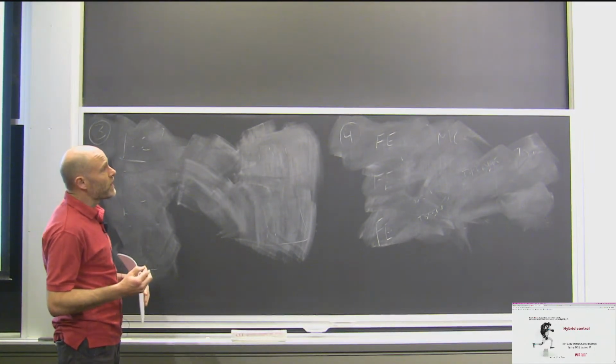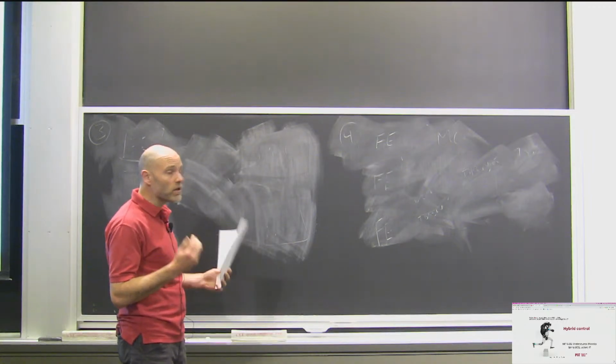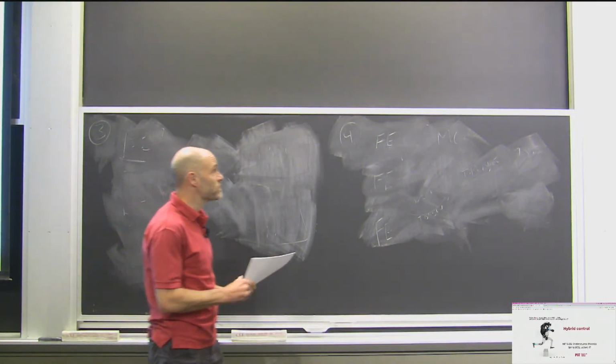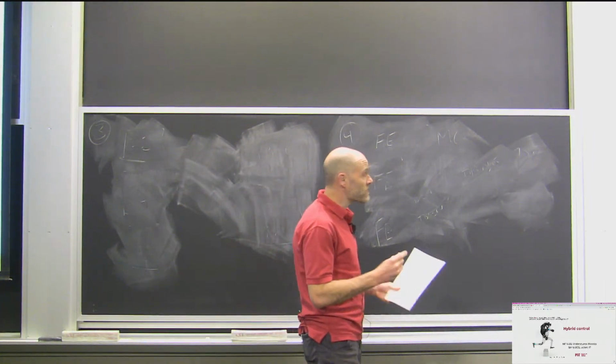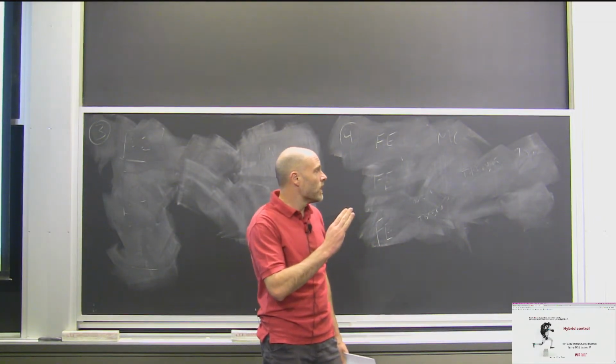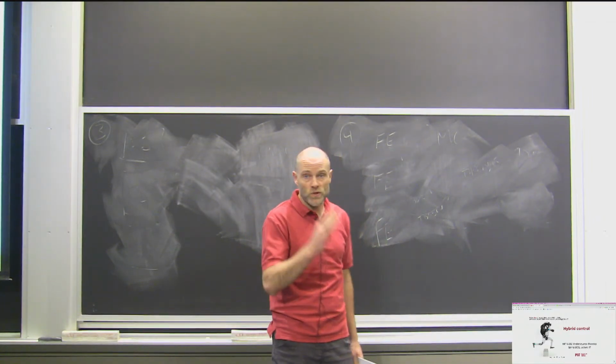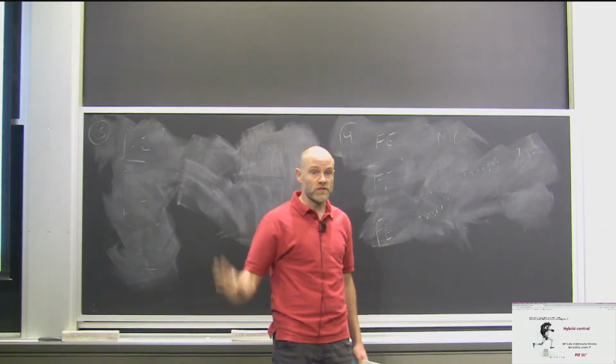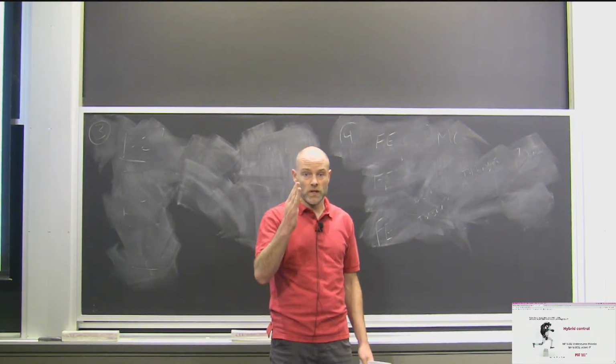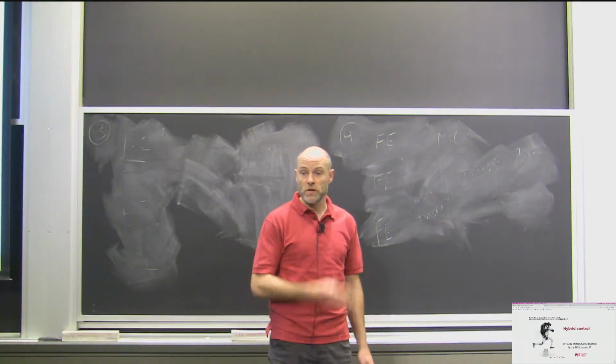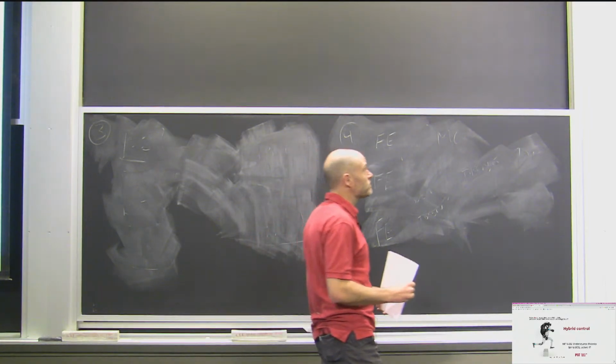Okay, so I want to start with the simple version of this, which is the first thing we talked about in terms of analyzing our walking robots, which was using Poincare analysis in order to think about the behavior of a periodic solution of a dynamical system.